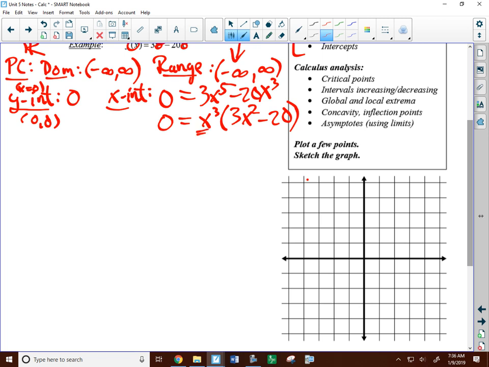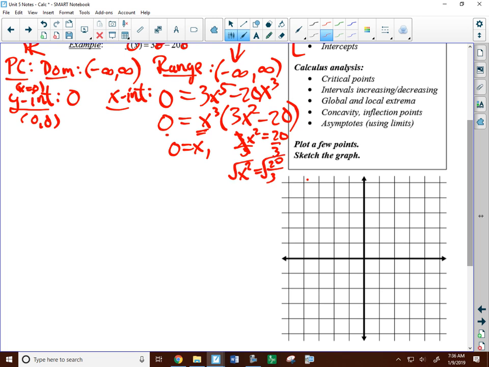So right here, when we have x cubed equal to 0, we do a cube root, and we get 0. Here, a little quick solve: I would set that equal to 0 and add 20 to both sides. Divide by 3. X squared equals 20 thirds, and then do a square root.